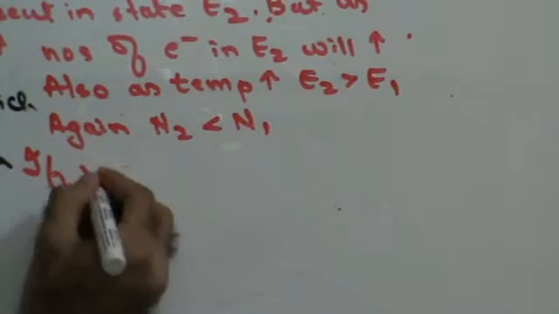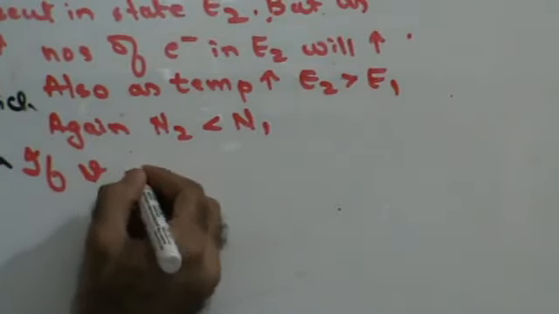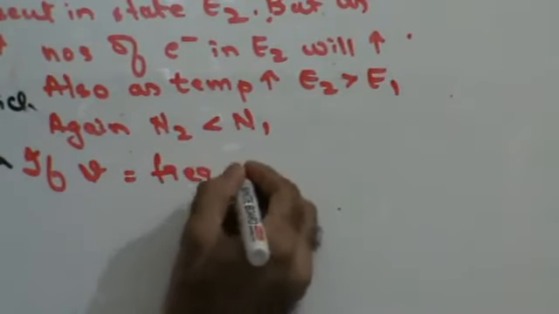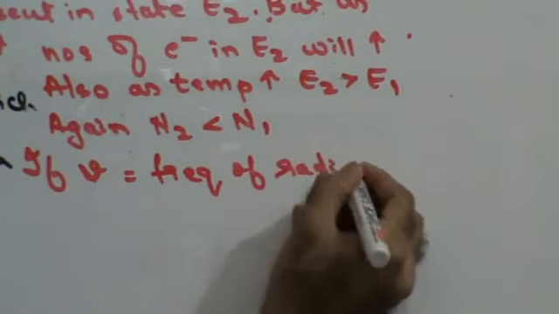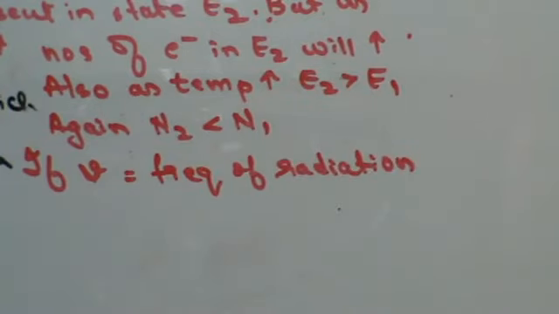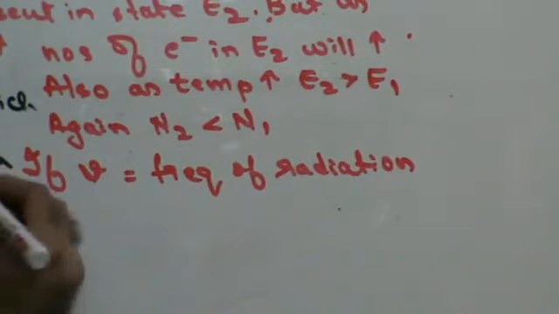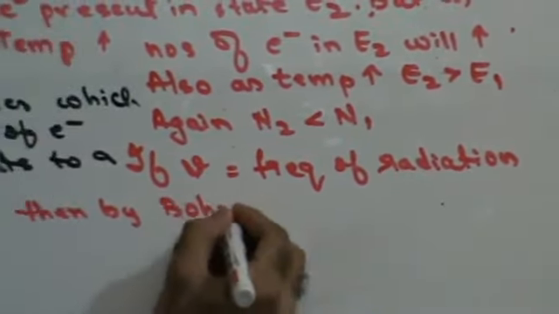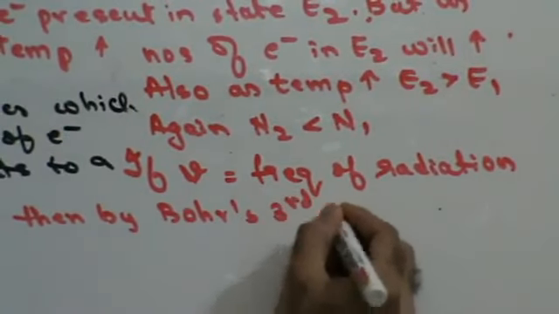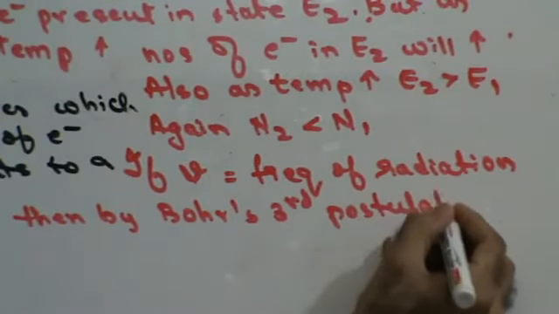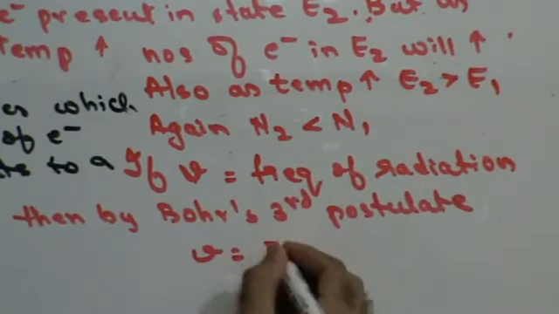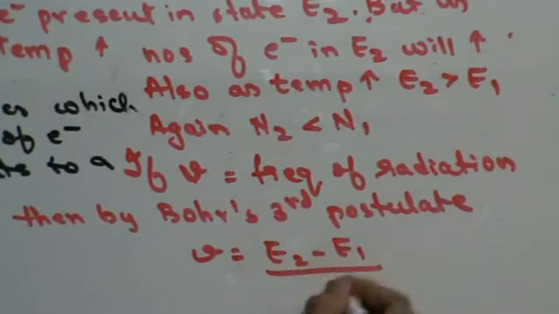That means I can also say that if V is the frequency of radiation, then by Bohr's third postulate, the frequency is going to be E2 minus E1 upon H, right?